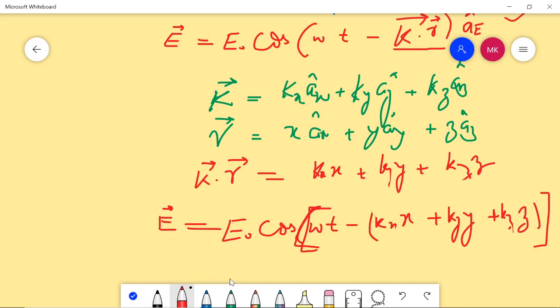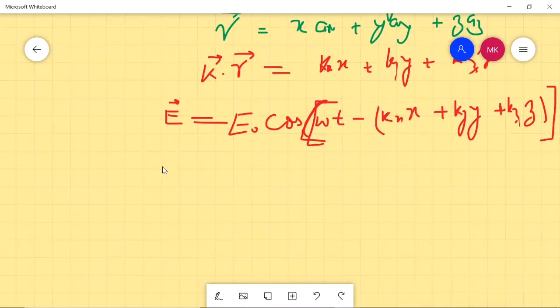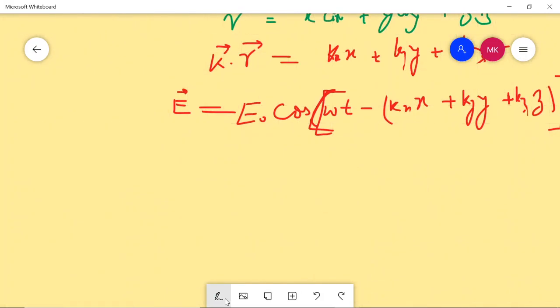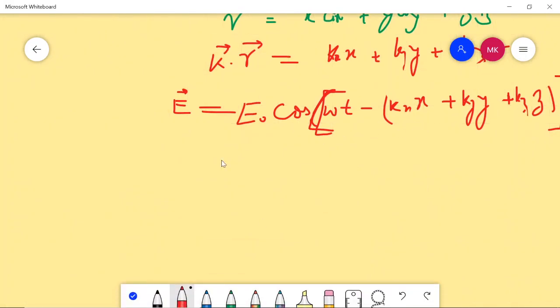Second, we know that generally we use beta. So kx we can also write as beta x, ky as beta y, and kz as beta z.